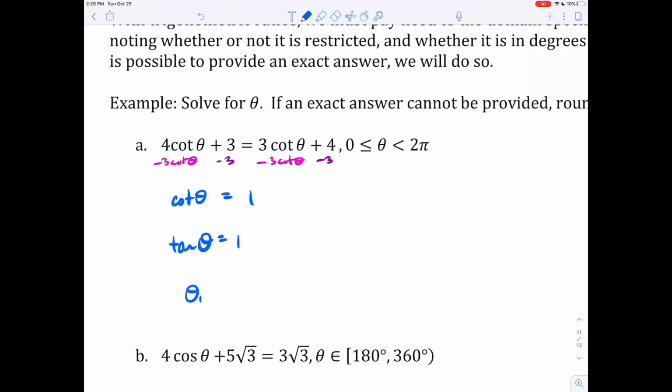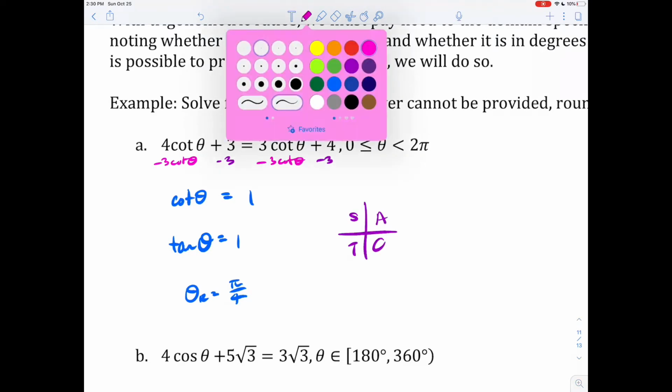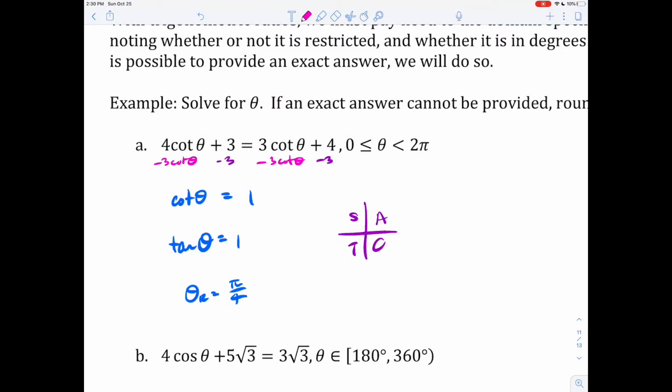That has a reference angle of 45 degrees, or in radians, pi over 4. If tan theta is positive, because that's positive 1, we're looking at quadrants 1 and 3.